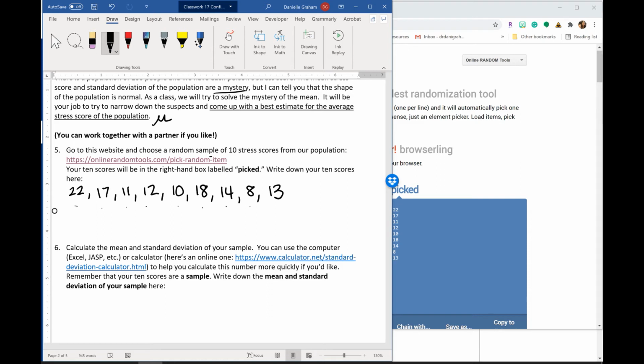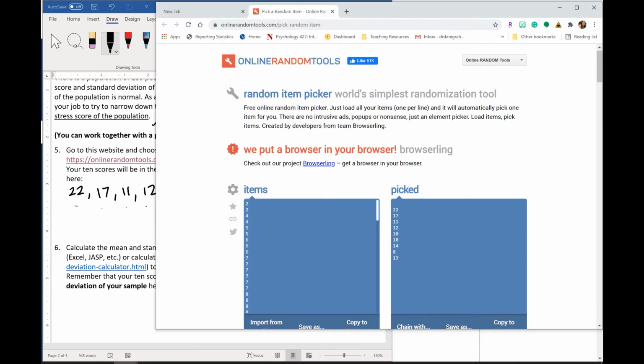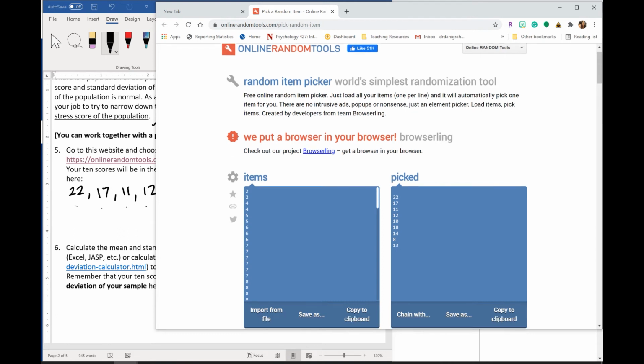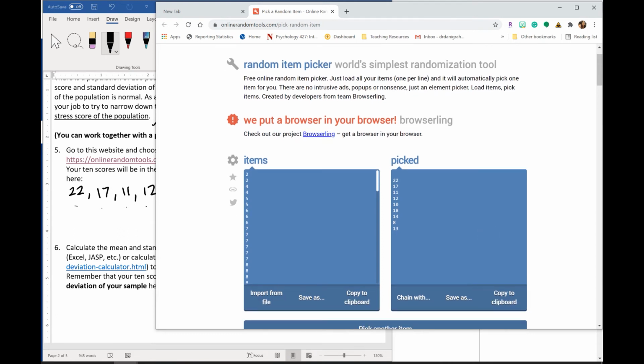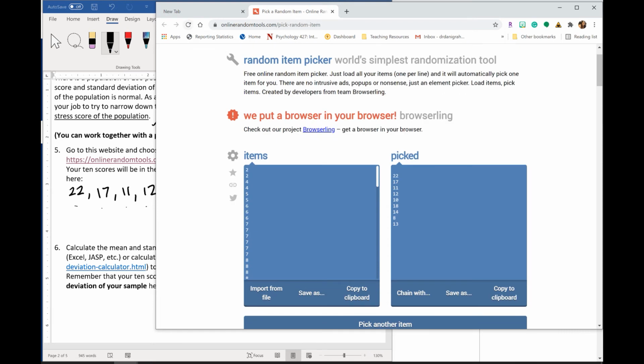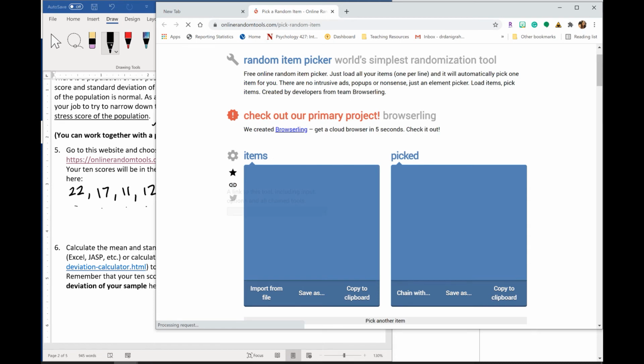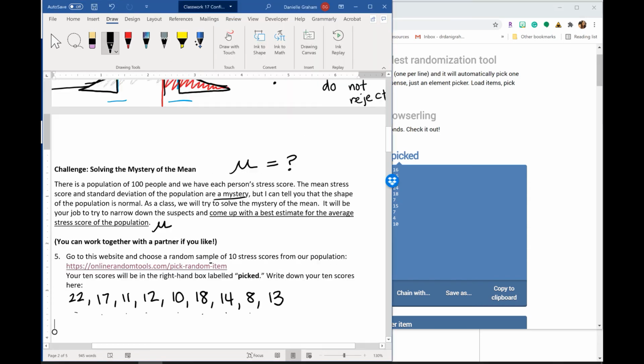Okay, I missed something somewhere. Why do I only have 9? What's going on? Did I miss one? I'm going to reload this because I should have 10. 1, 2, 3, 4, 5, 6, 7, 8, 9, 10. Okay. Somehow I dropped one.